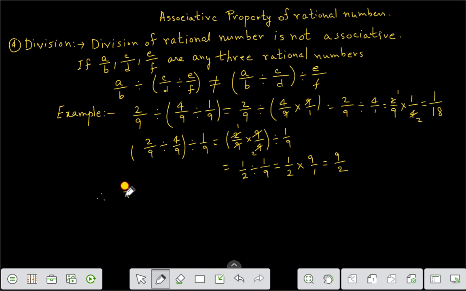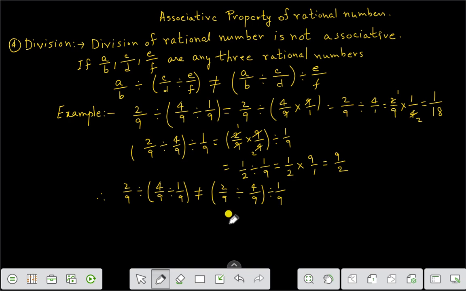Therefore, you can say that 2 by 9 divided by 4 by 9 divided by 1 by 9 is not equal to 2 by 9 divided by 4 by 9 divided by 1 by 9.